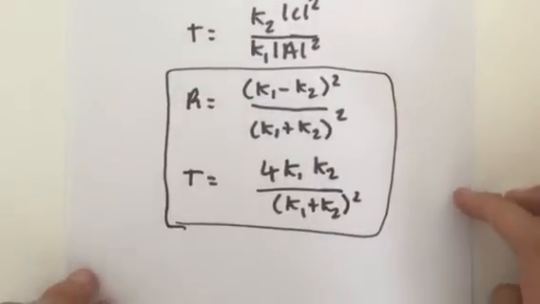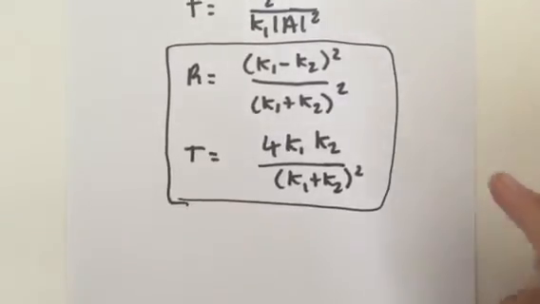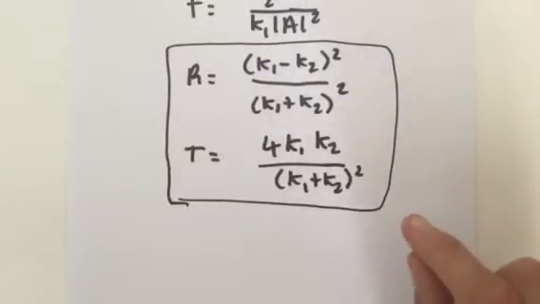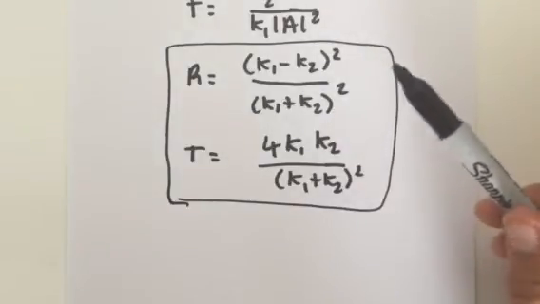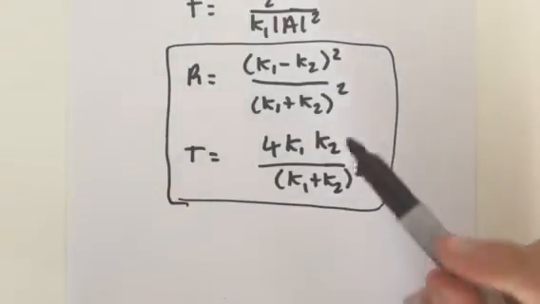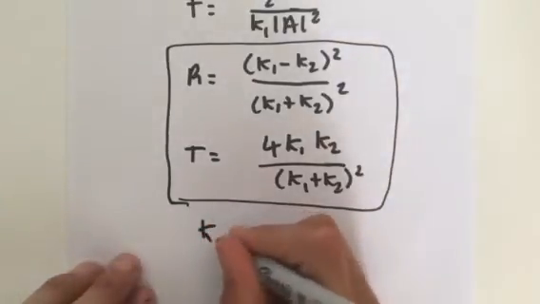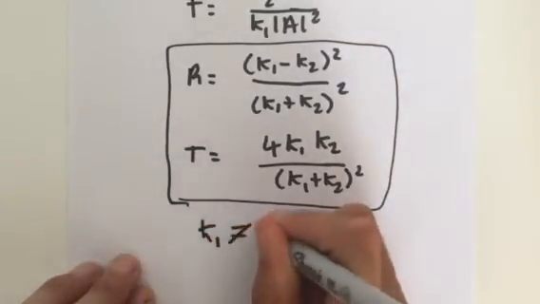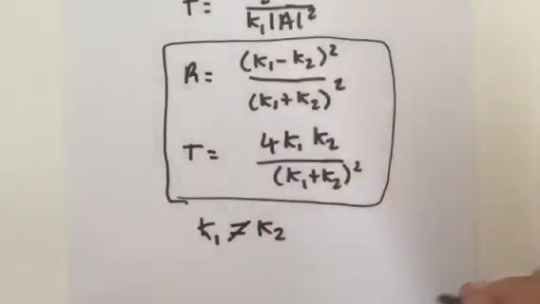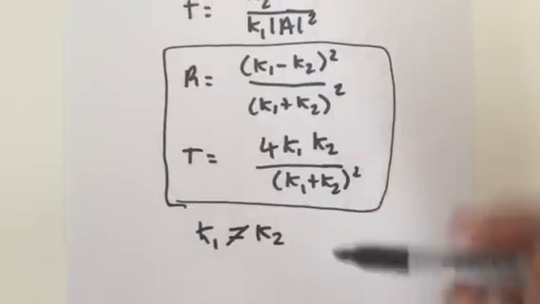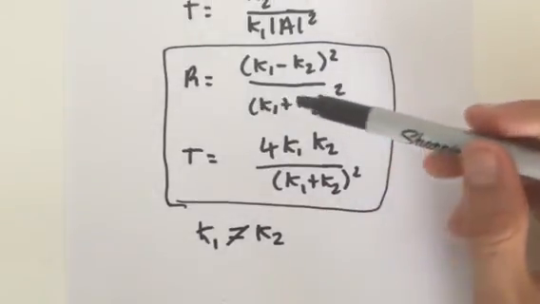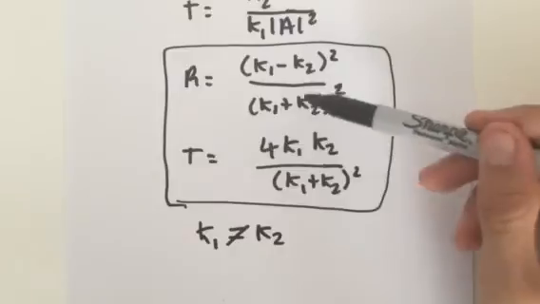Now let's inspect what we have here. It's actually an interesting result, and it disagrees with classical physics, which says that there should be no particle reflection at all. If k1 is not equal to k2, then there will indeed be particle reflection.